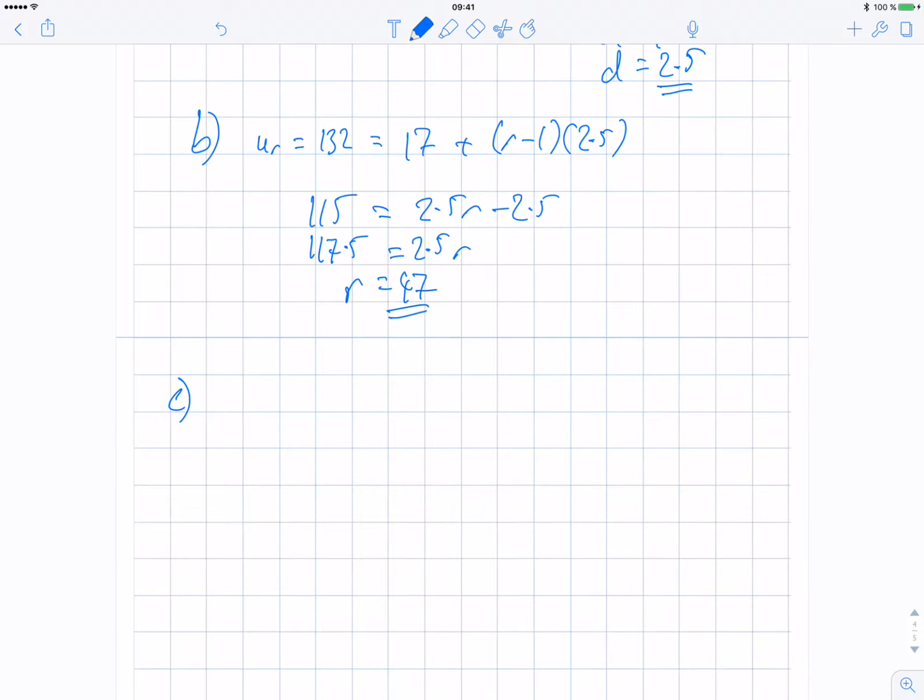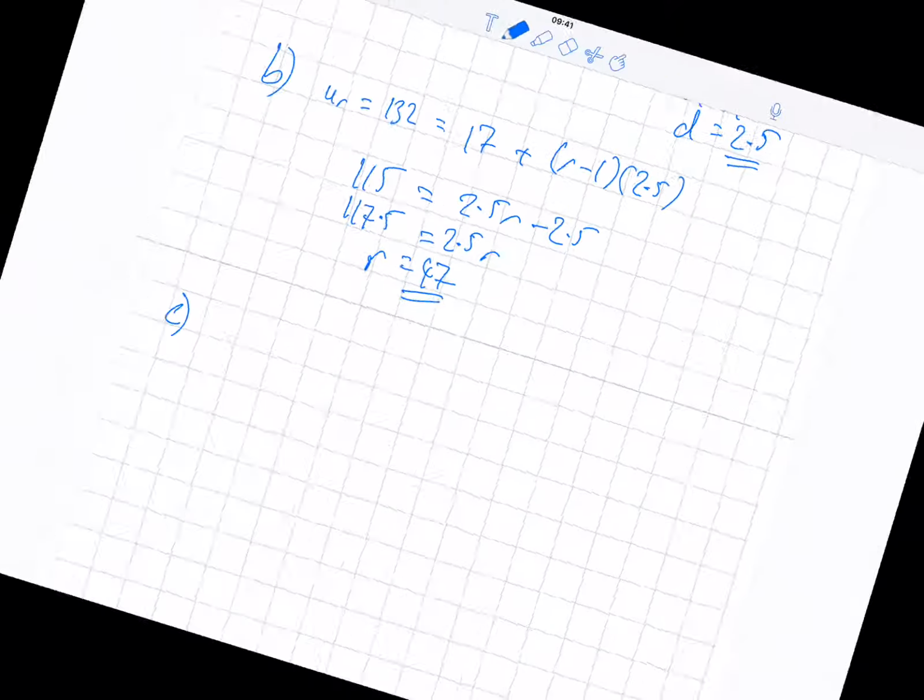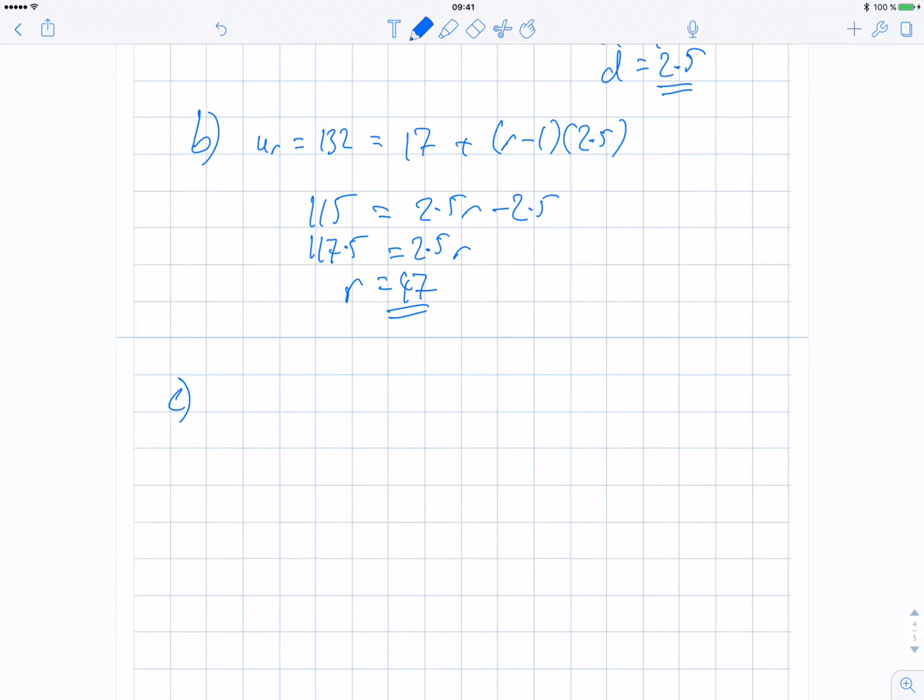Find the sum of the first r terms of the series. Did I actually do 18? Oh, yes, of course.